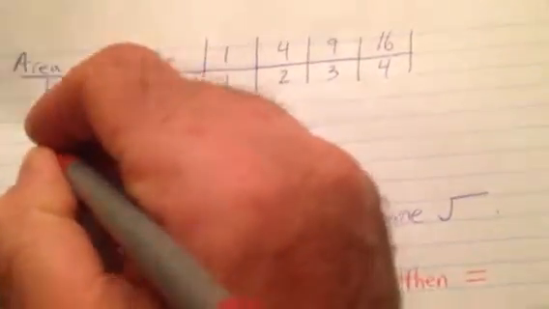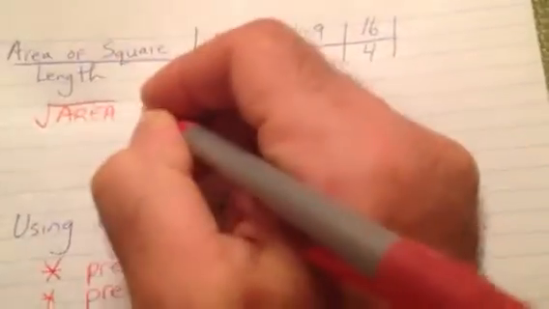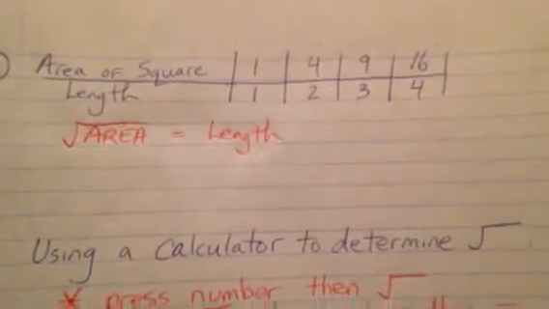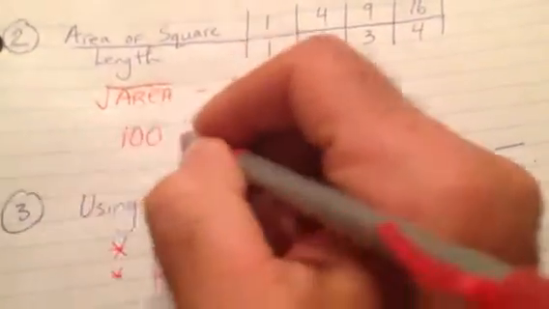If you know the area of a square, you just square root the area and it will give you the length. Square rooting area equals length. So if I said to you, I have a square with an area of 100 meters squared of area.